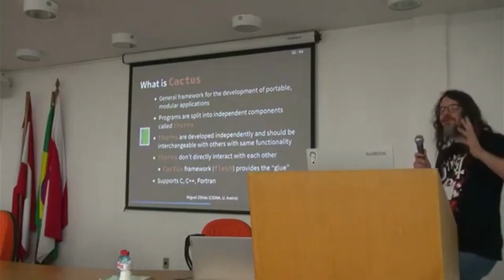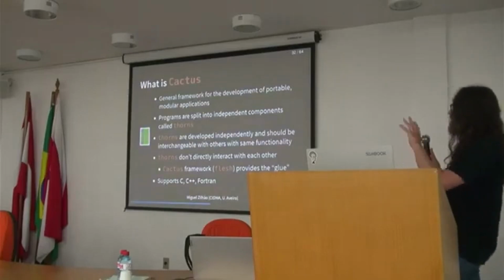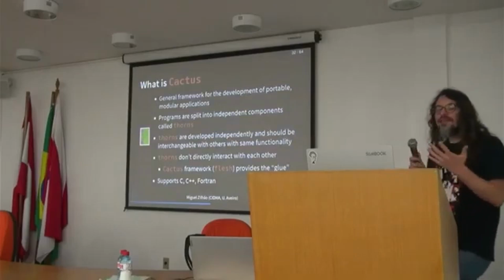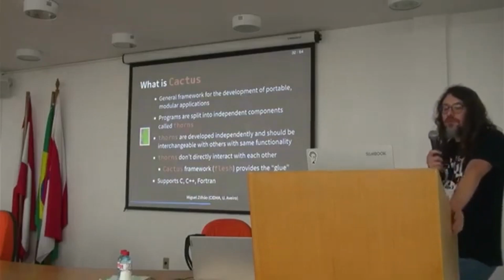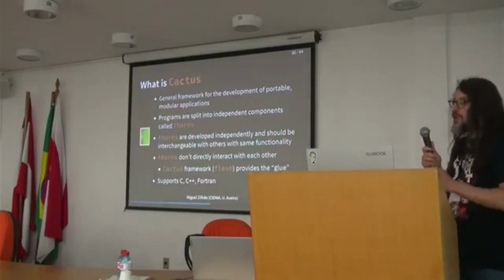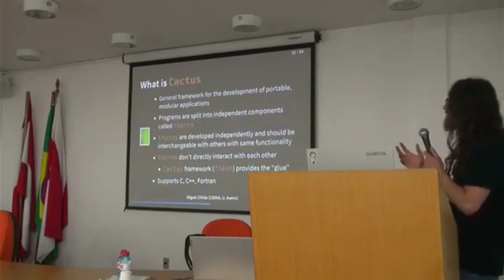The whole idea behind Cactus is that the programs are split into independent components that are called thorns. Ideally, each of these thorns would be able to be developed independently, and should be interchangeable with others with the same functionality. So this is why this tool is called Cactus, right?